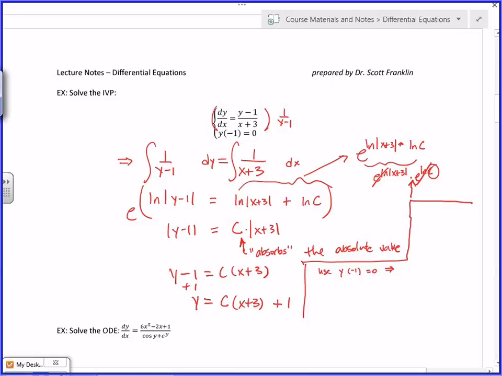That would give me 0 equals c times negative 1 plus 3 plus 1. So negative 1 equals 2c, which means c is negative 1/2.